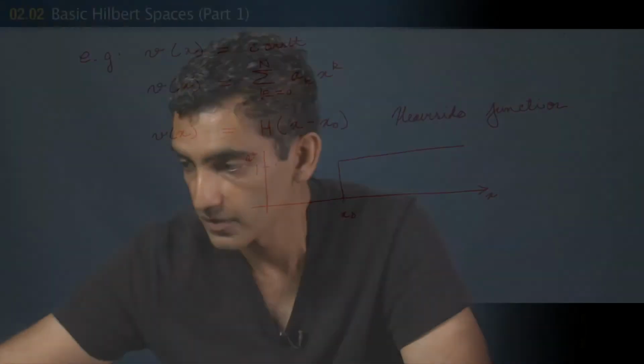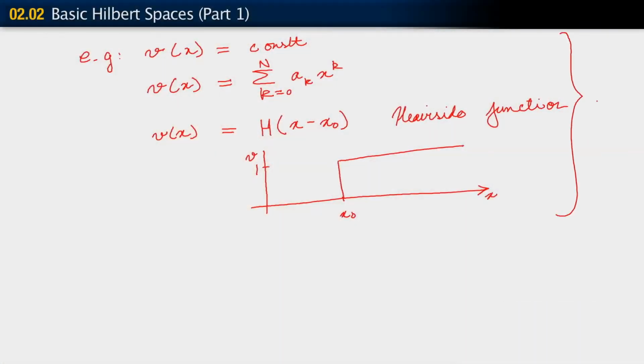Okay, can you think of a function that is not L2? Think about it. The delta function, right? The Dirac delta function is not L2. So all of these are L2.